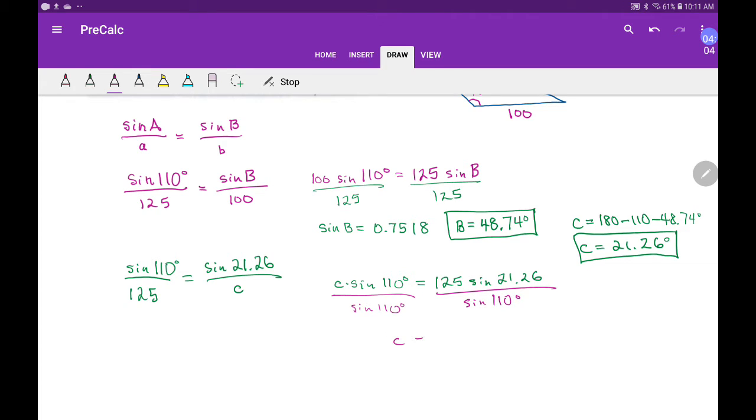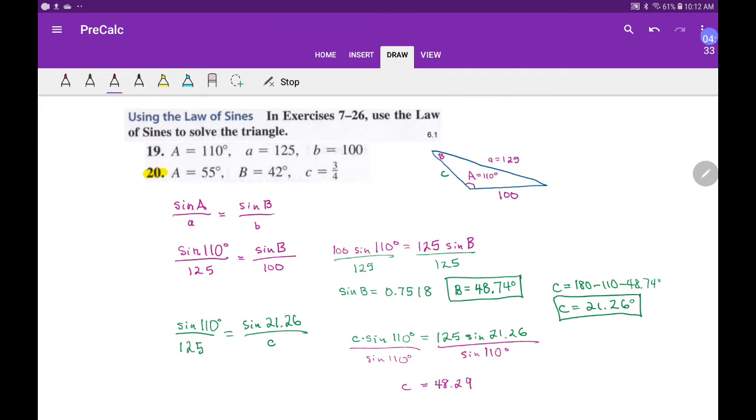And we're going to get C is equal to, let me go ahead and do this on my calculator. I've already got my angle in there, so I just take the sine of that angle, and I'm multiplying that times 125, and I'm dividing by the sine of 110, which looks like 48.29.